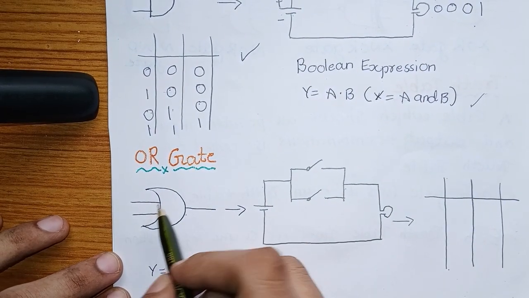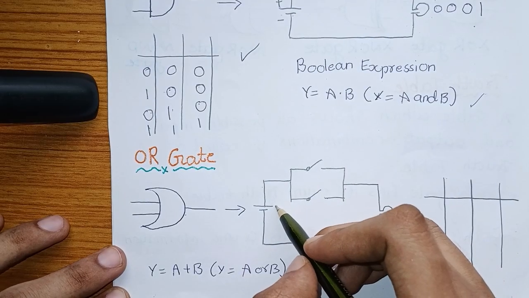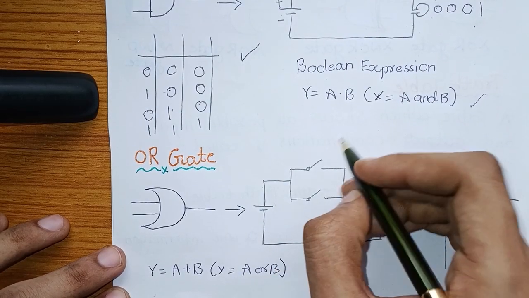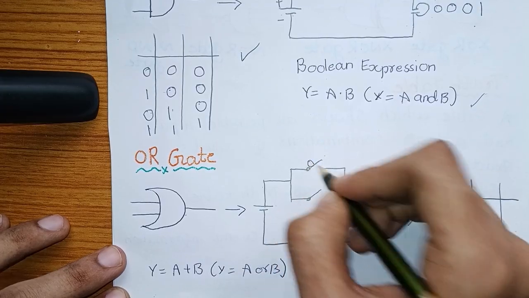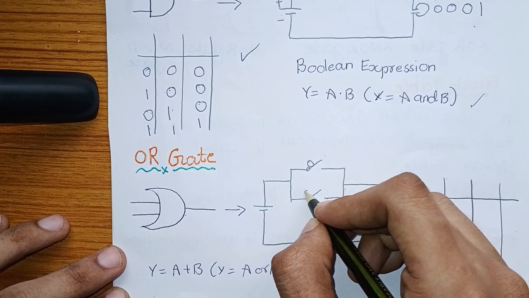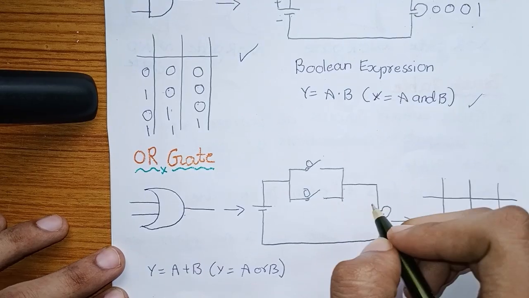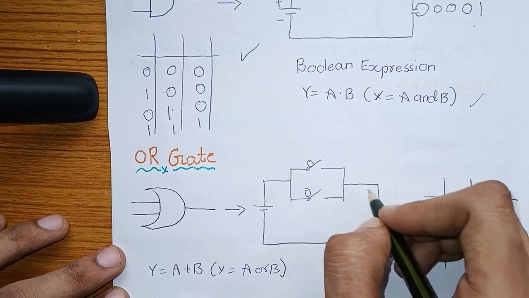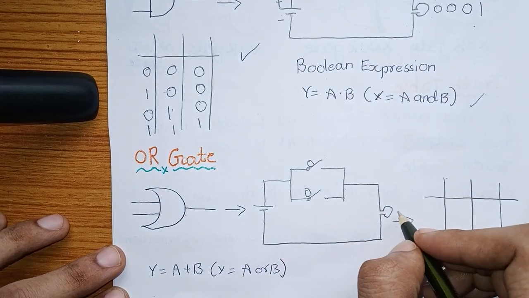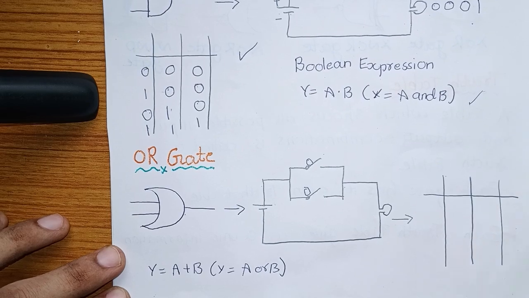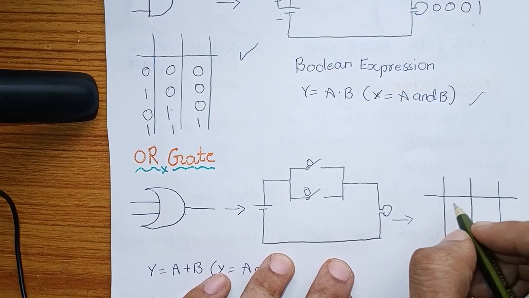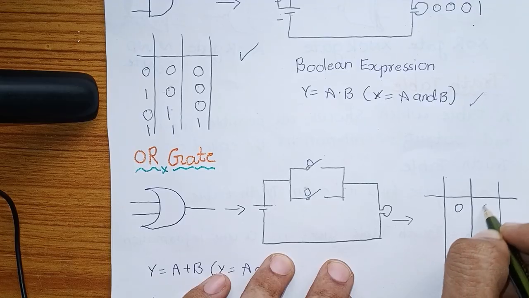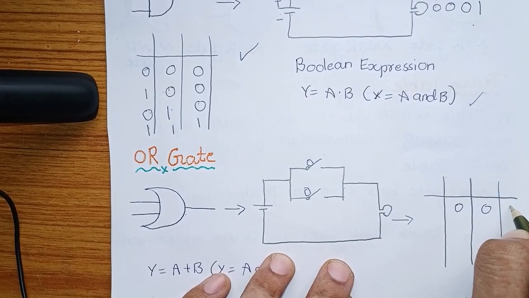If the first switch is open, I am going to mark it as 0, and the next switch is also open, I am marking it as 0. If these two switches are open, does the bulb glow? No, definitely not. 0 0, the bulb is not glowing, so it is 0.